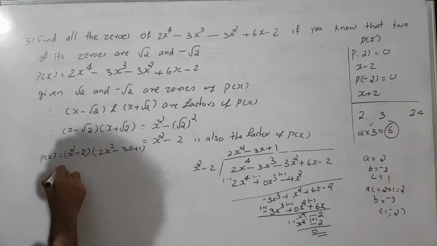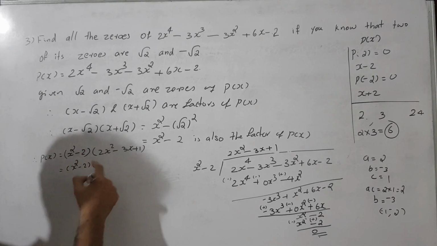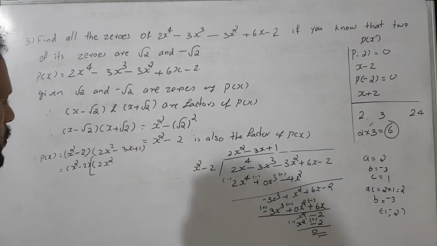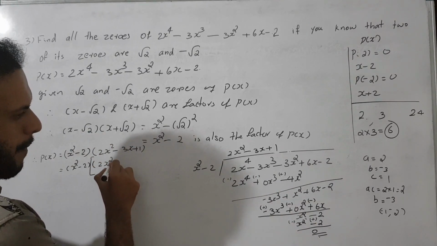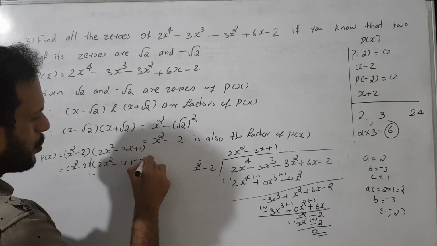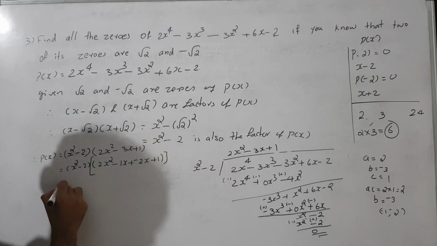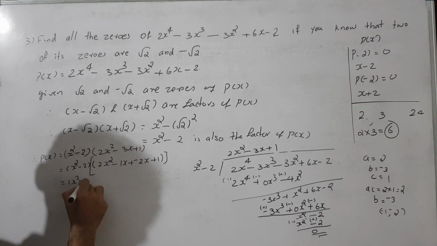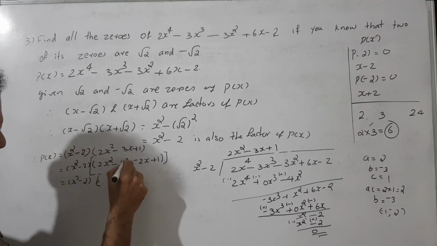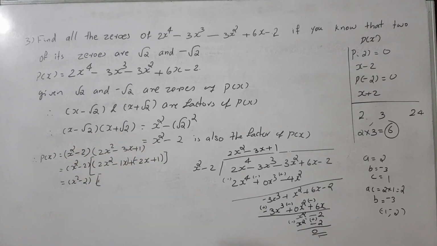So next we factorize this one: x square minus 2 into, how to split 2x square? Minus 1x plus minus 2x plus 1. We pair the first two and the second two.